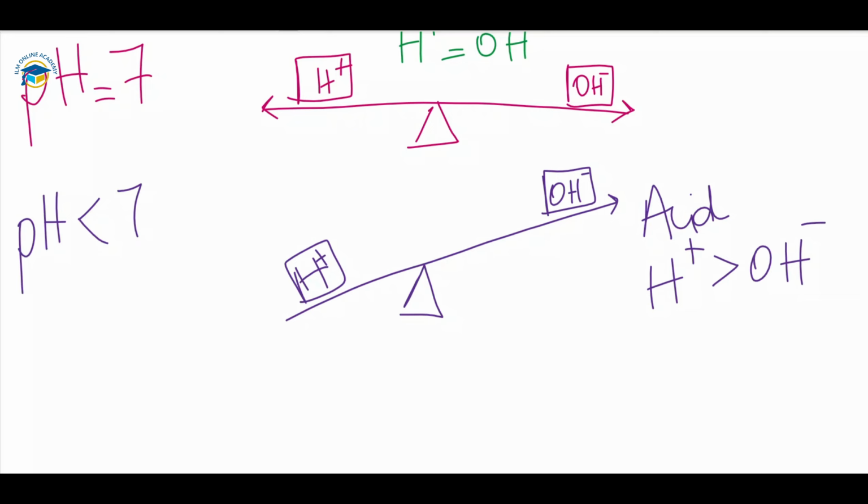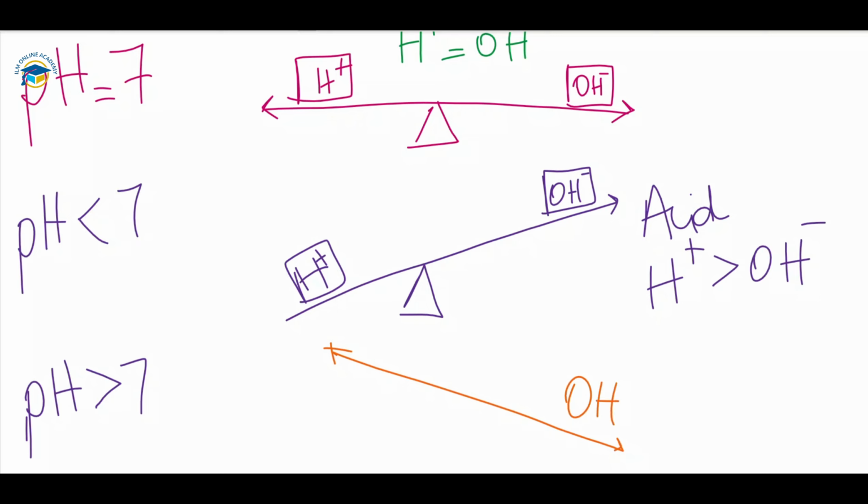In acidic solutions, acids give hydrogen ions, and the water in which it is present also gives hydrogen ions. So there is a higher concentration of hydrogen ions when the pH is less than 7, and they turn the litmus paper red. So the pH will be less than 7 and they have more concentration of hydrogen ions. Just like that, for bases which have pH greater than 7, there is an increase in the hydroxide ions.